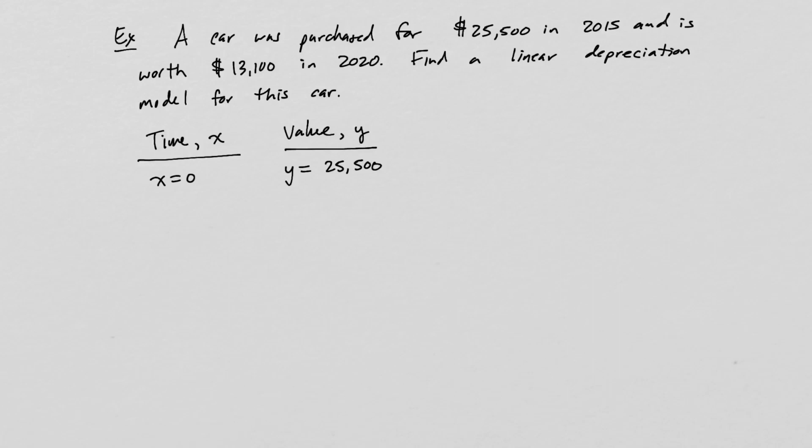Now, 5 years later, in 2020, that time will be represented by 5 because it's 5 years after 2015. And the value of the car here is $13,100. So what you have now basically are 2 points.